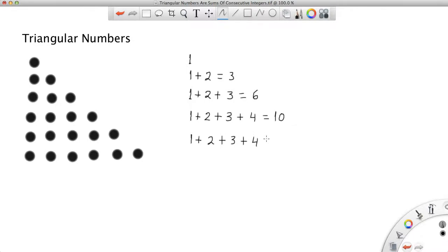We take the previous sum and then we just add the next number, and notice that the numbers that we are adding are consecutive integers starting from 1. So here we're going to have 15. So that's the sequence of triangular numbers.